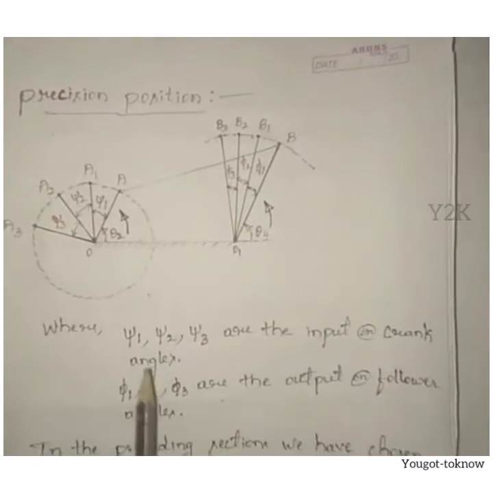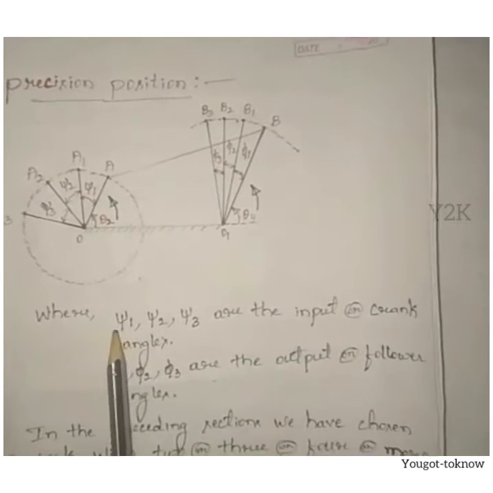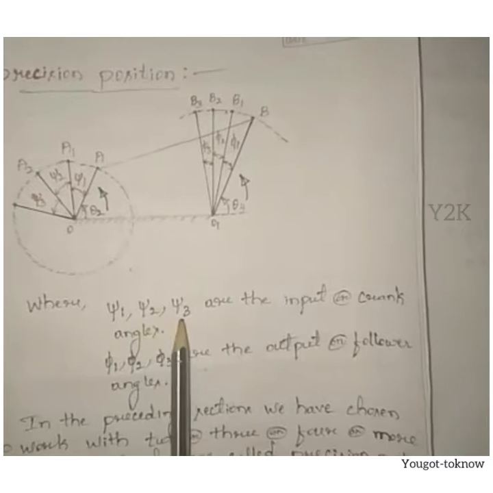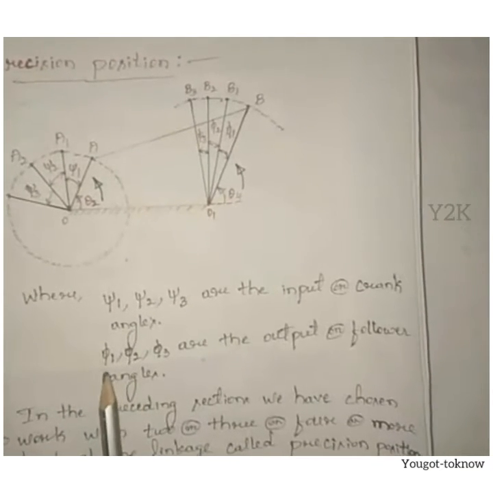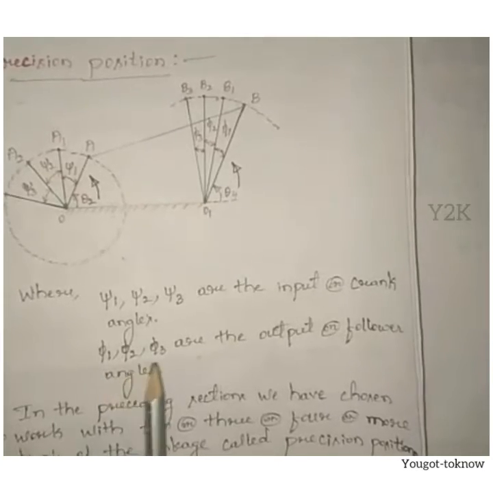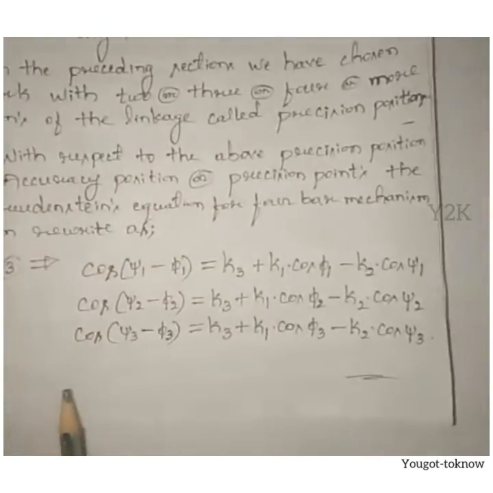Here, with respect to the input crank angles Xi1, Xi2, Xi3 and output follower angles Phi1, Phi2, Phi3, we can rewrite the Freudenstein equation for the 4-bar mechanism.